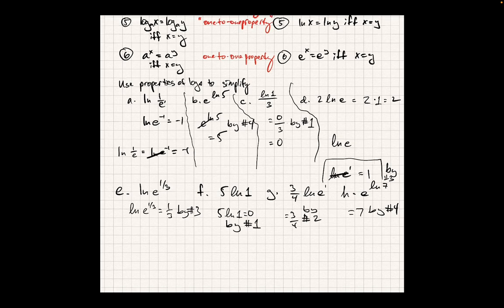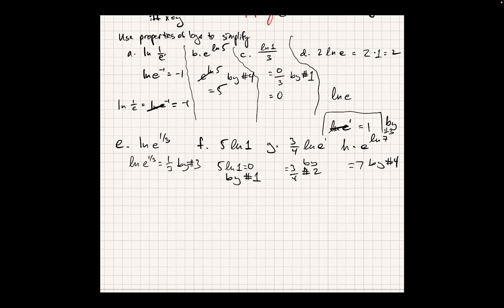Remind me what 2 to the x looks like, and what is the inverse property? Give me a point that it goes through. 0, 1. 0, 1 is correct. And what's the horizontal asymptote?